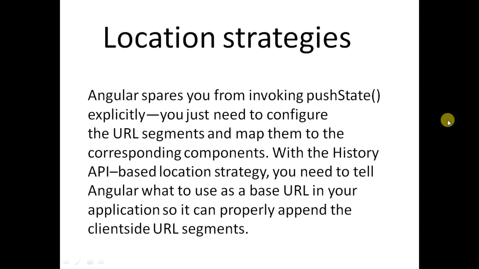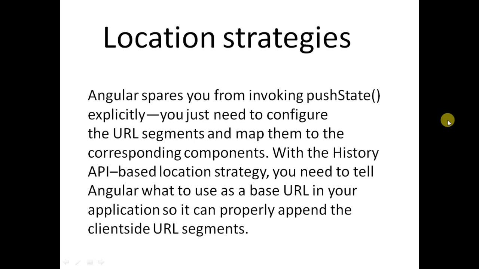Angular offers two location strategies for implementing client-side navigation. Hash location strategy: a hash sign is added to the URL, and the URL segment after the hash uniquely identifies the route to be used as a web page fragment.